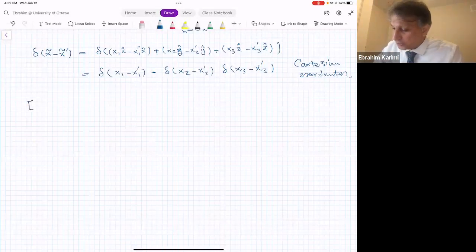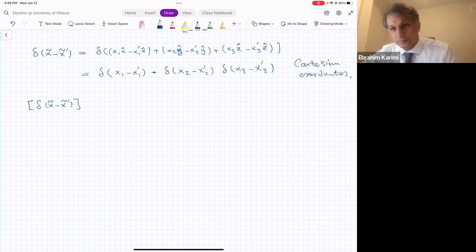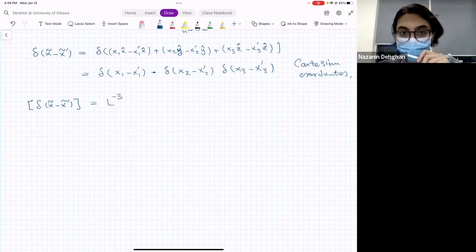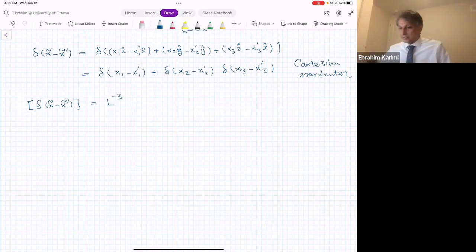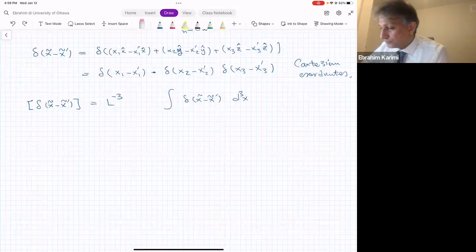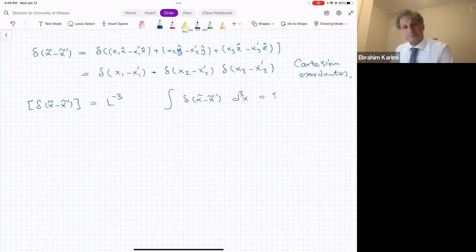What is the dimension of delta of x minus x prime, a 3-dimensional vector? It's 1 over L to the power of 3, because each of them is 1 over L. Exactly, it is L to the power of minus 3. And the property is that the integral of delta of x minus x prime, the vector, d3x, is equal to 1. So what does it mean?